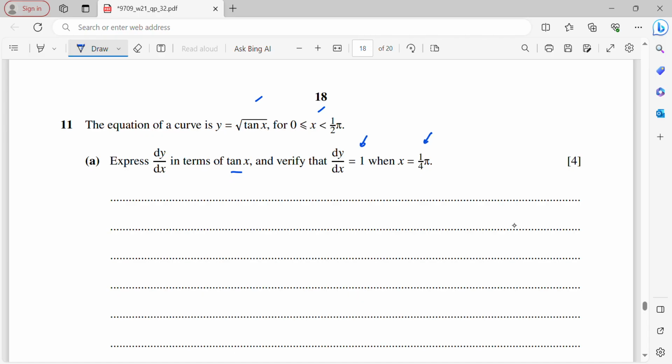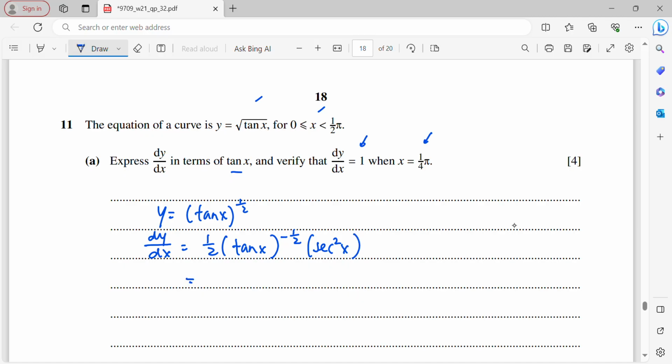Okay, so now I will write my y as tan x to the power of half. Then my dy/dx, I bring down the half, rewrite tan x, the power minus 1. So half minus 1 is negative half. When you differentiate tan x, it's going to be sec squared x.